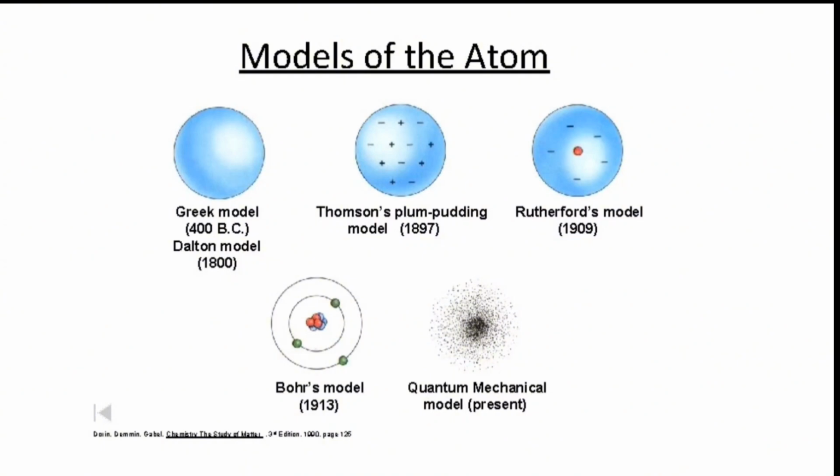First, if you observe in this illustration, you've got the Greek model, Dalton model, Thomson's plum pudding model, Rutherford's model, Bohr's model, and the quantum mechanical model by Schrödinger. Now, the Greek model in 400 BC was proposed by Democritus.